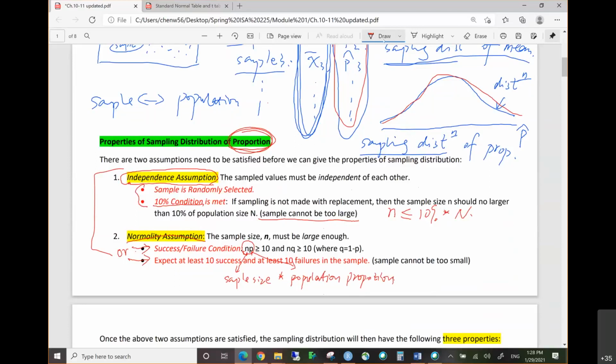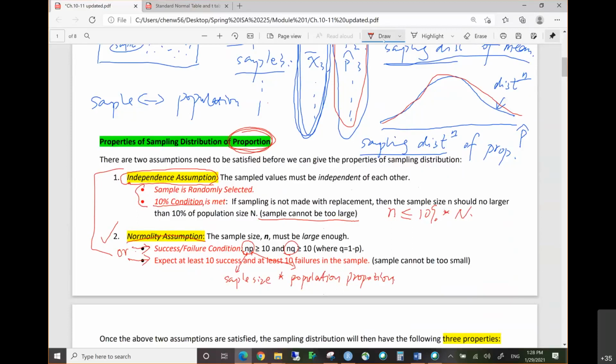All right, so we use the sample size times the population proportion, and the sample size times 1 minus the population proportion. Both of these should be larger than or equal to 10. Then the normality assumption is satisfied.